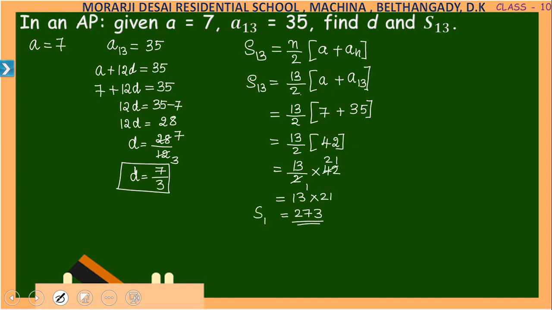Therefore S13 is equal to 273. To find S13, we can use the formula n by 2 into 2a plus n minus 1 into d also. Or we can use the formula Sn is equal to n by 2 into a plus an.